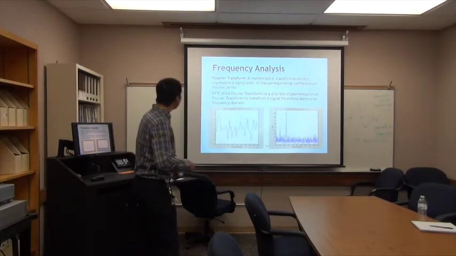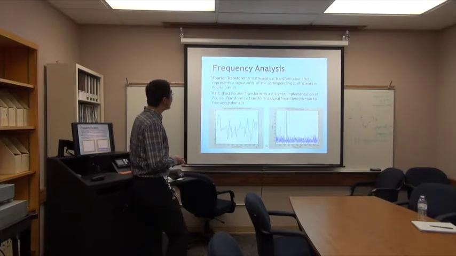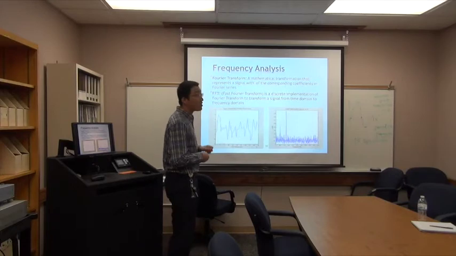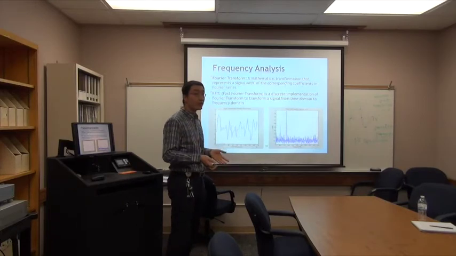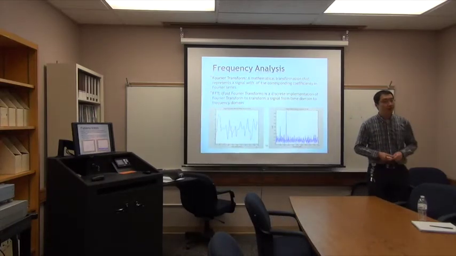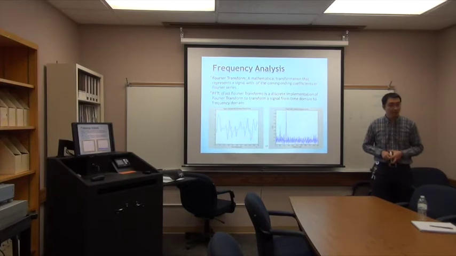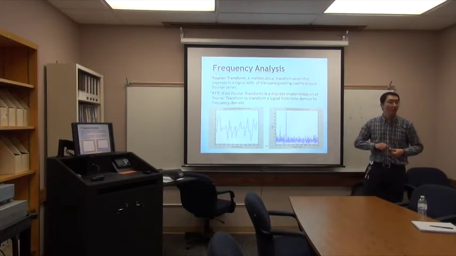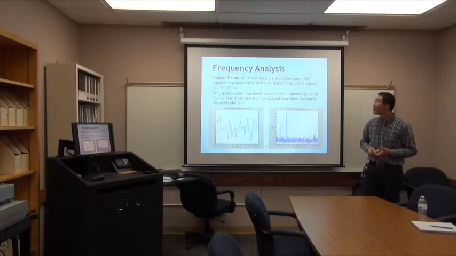The fast Fourier transform is a discrete implementation of the Fourier transform. Why do we need a discrete implementation? Because all the signals in our computer are discretized. And if we want to apply the Fourier transform on discretized signals, then we need a discretized algorithm.